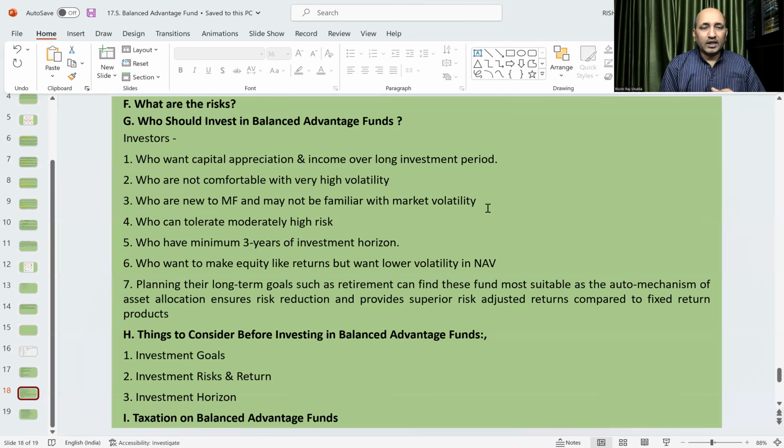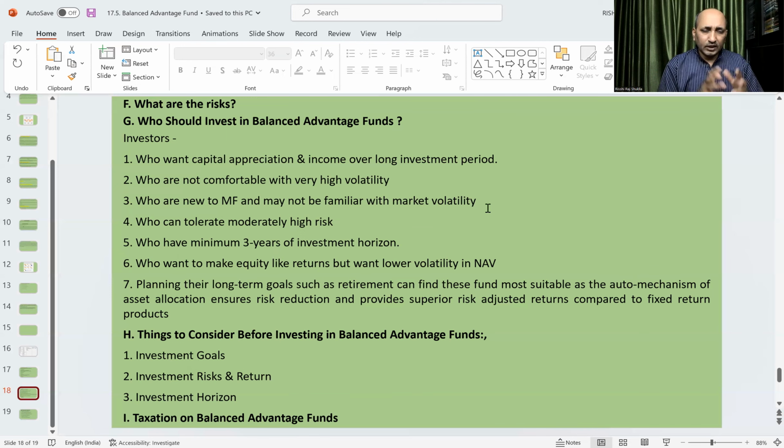Investors who are planning their long term goals, such as retirement, can find these funds most suitable, as the auto mechanism of asset allocation ensures risk reduction and provides superior risk adjusted returns compared to fixed return products. Here, fixed return products like all 16 types of debt funds provide definitely good returns, but this balanced advantage fund provides better than those fixed income instruments.